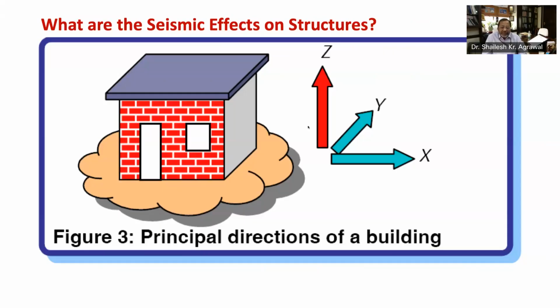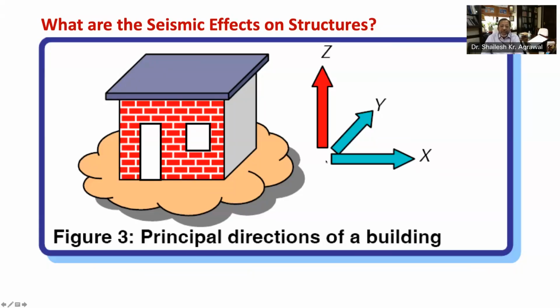The vertical acceleration during ground shaking either adds to or subtracts from the acceleration due to gravity. Since buildings are normally designed taking into account factor of safety, most of these structures are found adequate against this vertical shaking, whether it is in plus Z direction or minus Z direction.